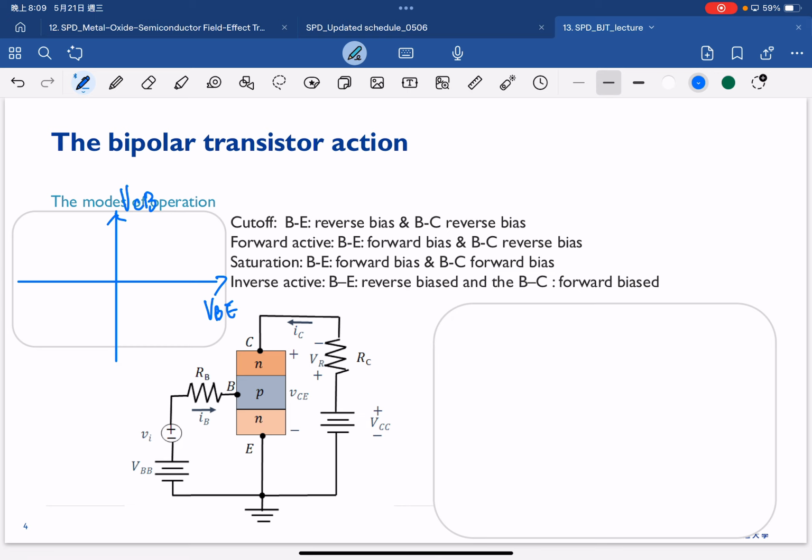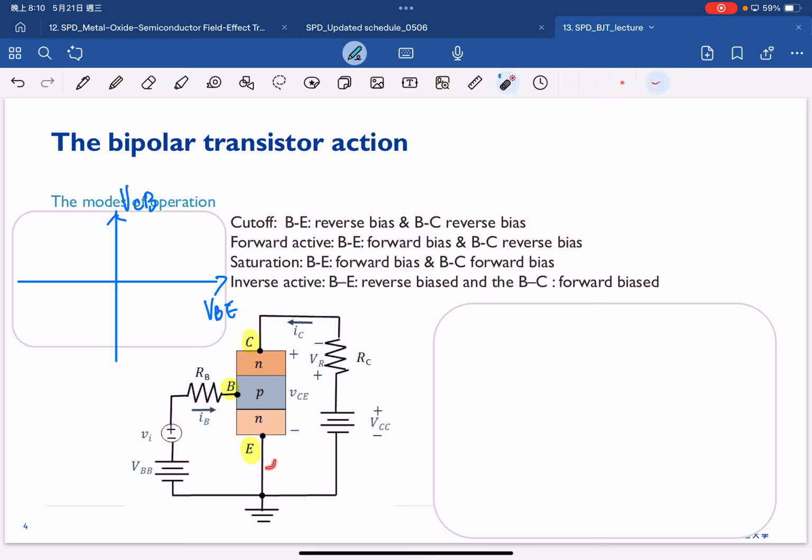The first one is BE forward bias and BC reverse bias. This is BCE here. So the first one we need to consider is BE forward bias.